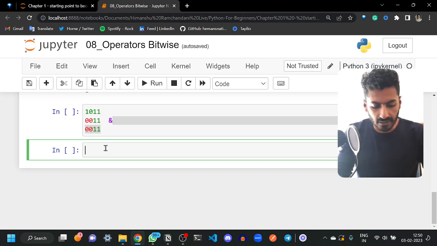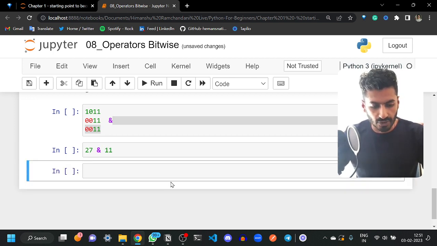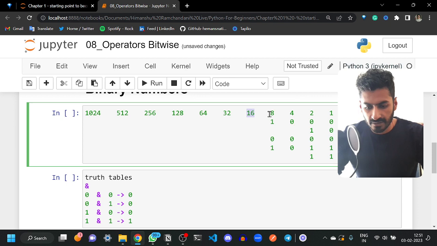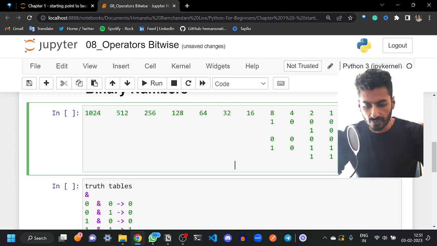Let me quickly give you some more examples, like 27 and 11. What will be the output of this? Let's solve this particular question. 27, addition of 16 plus 8, this will be 24, plus 2, 26, plus 1, 27. So we're going to put 1 here.